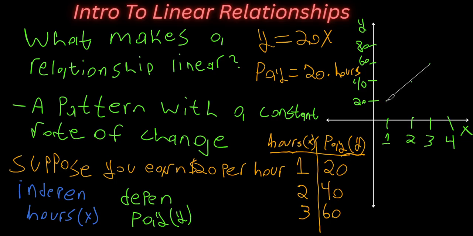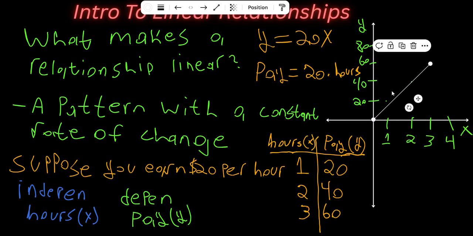So if you look, now remember, a linear relationship is a pattern with a constant rate of change. And this has a constant rate of change. And actually this line should extend to 0.